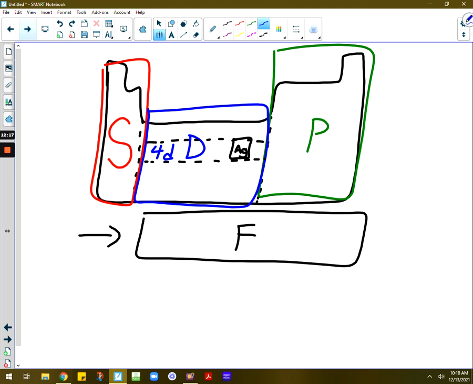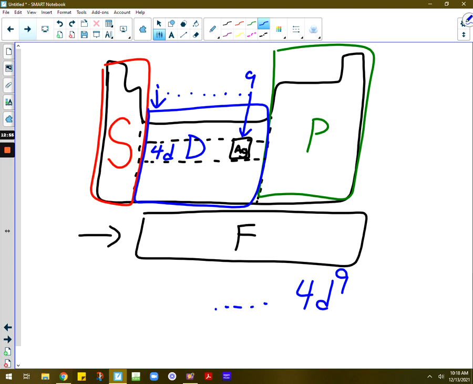Now, I'm going to start counting from the edge of that 4d until I get to silver. I count over 1, 2, 3, 4, 5, 6, 7, 8, 9. It's the 9th box over in 4d. See that? So I know that whether I write the noble gas or the full configuration, it will end with 4d9, because that's where silver is on the periodic table.